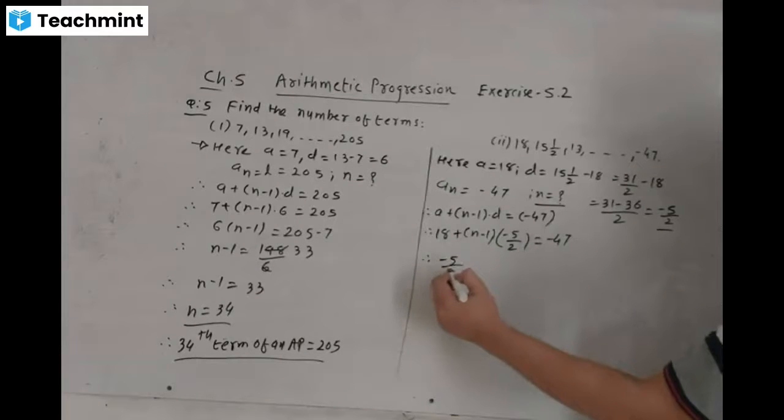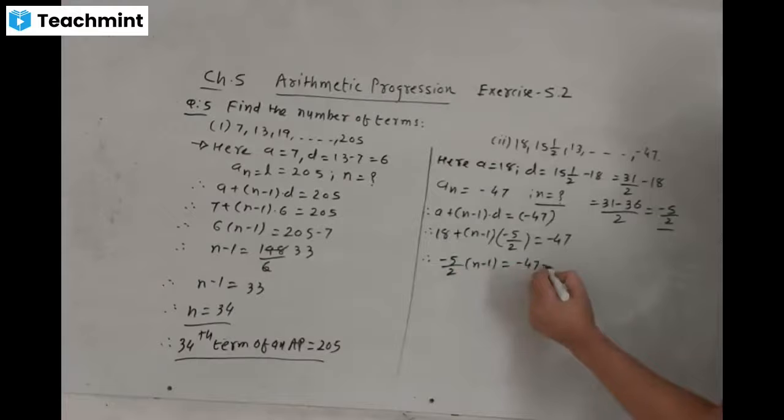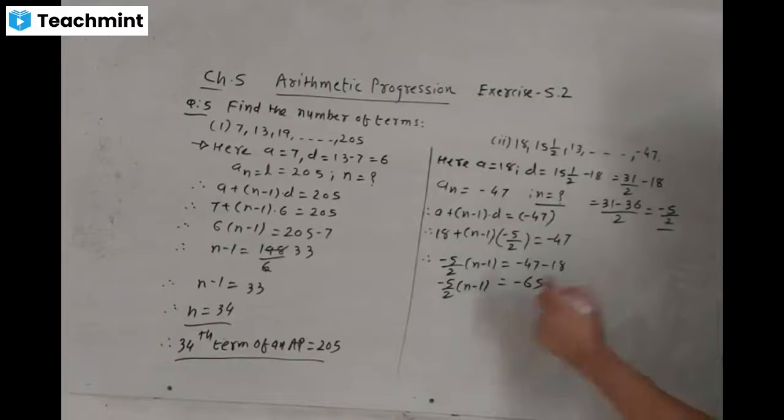Therefore negative 5 by 2 into N minus 1, that is negative 47 minus 18, that is equal to negative 65. Therefore negative 5 by 2 into N minus 1 is negative 65. Negative sign cancels out.